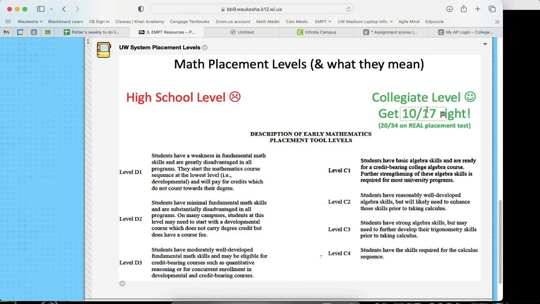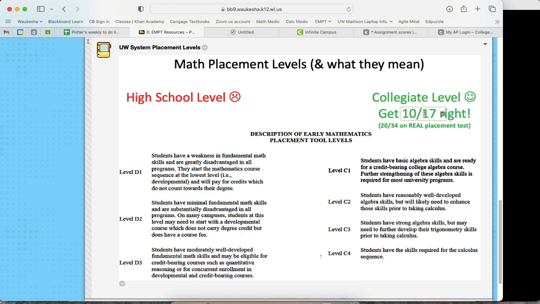The criteria to place at a college level is right here. You have to get 10 of the first 17 questions correct. If you do that, then you place at a C1. It doesn't matter what you do on the rest of the test. You could fill it in randomly if you wanted to. I don't recommend it, but you would still test at a C1 level.